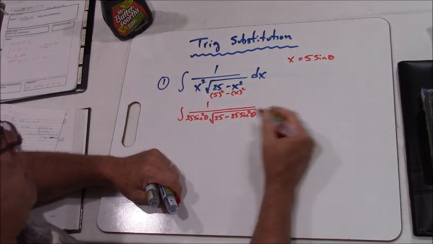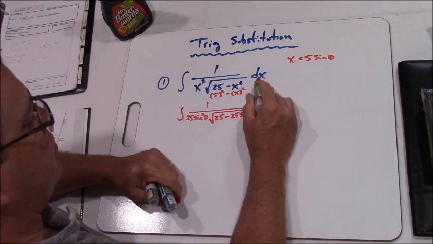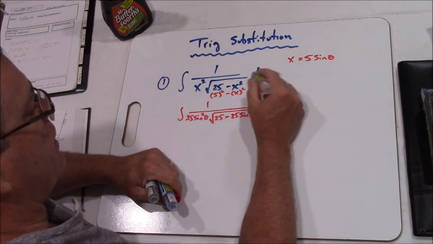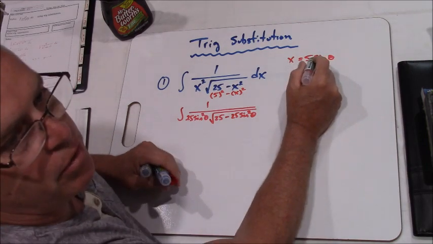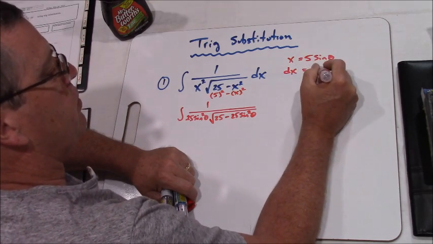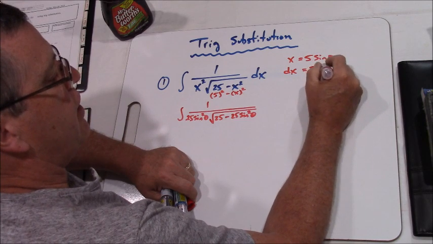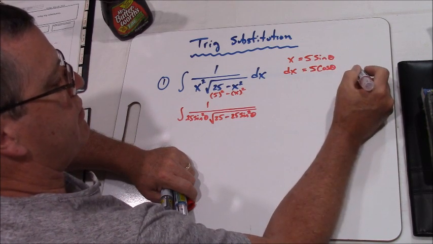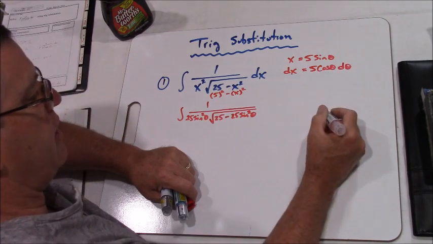So remember I said we're converting everything over to thetas, and we're going to have to be careful of that? So what I need to do is figure out what dx is equal to. So if I just take the derivative of this implicitly, dx is going to equal the constant 5, the derivative of a sine is a cosine theta, times the derivative of the angle, which is 1, and I just took the derivative of theta.